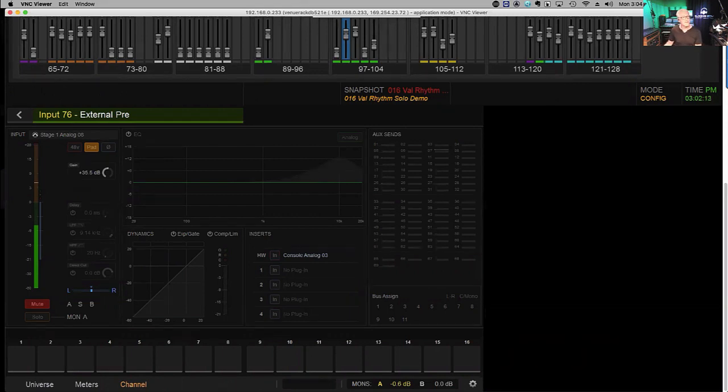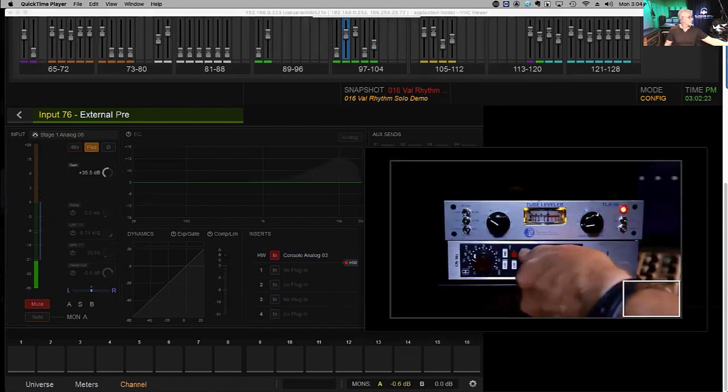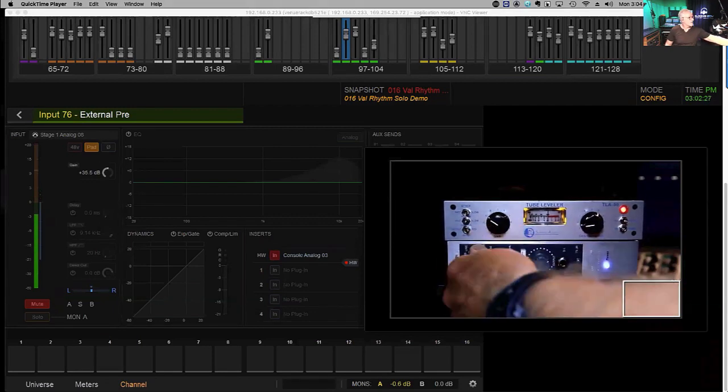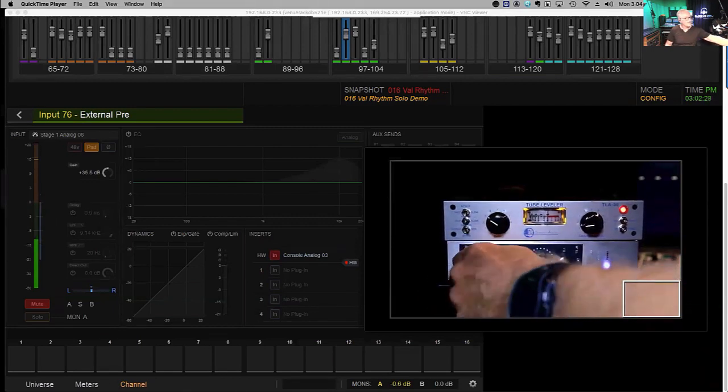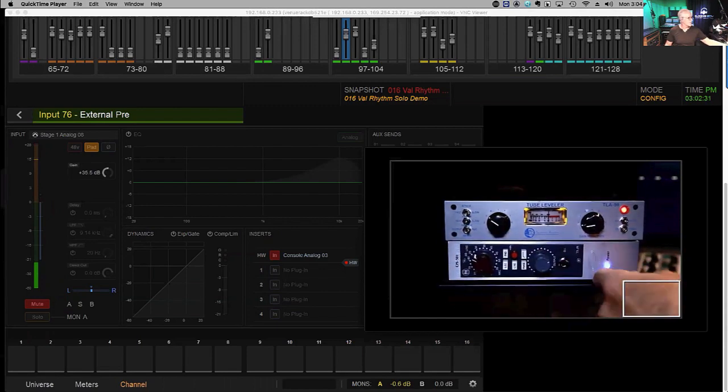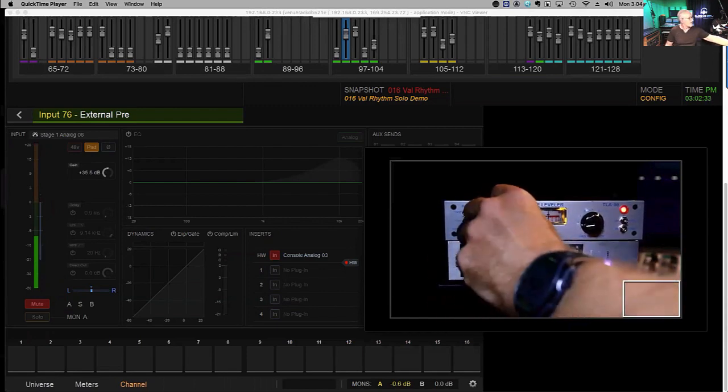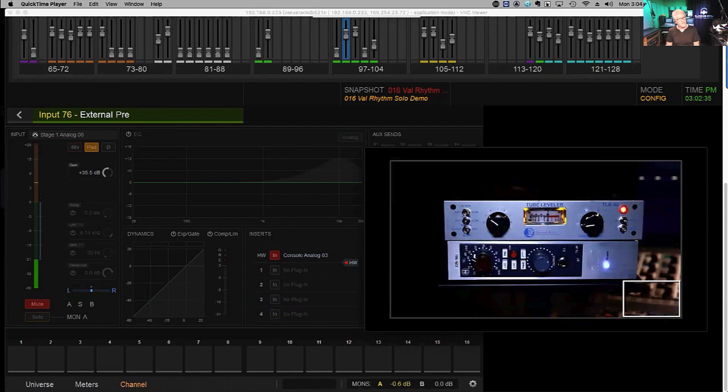I've got a signal also plugged into the onboard pre here. So if I go to hardware return, you can see that this is actually controlling gain here, right? I'm actually turning up gain. That is the preamp working in conjunction with it. I have gain control on the compressor. All of that is working there on that external pre.